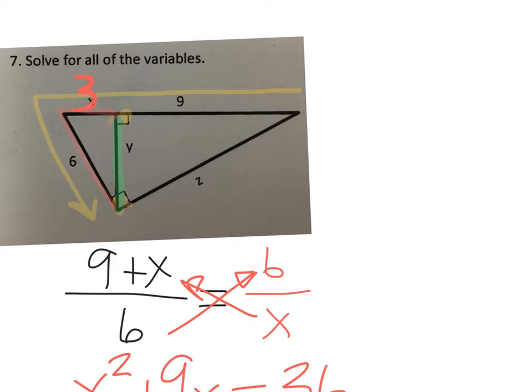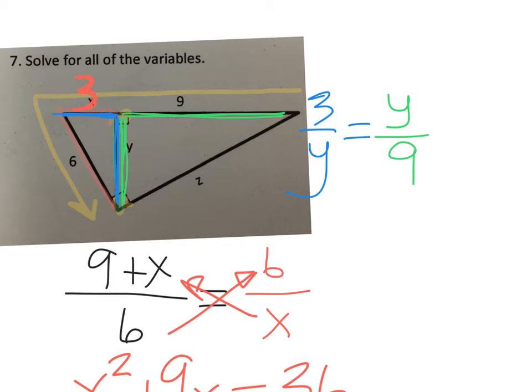Okay, and now I'm going to switch gears and use this proportion. If I compare the short leg of my small triangle to the long leg of my small triangle, that needs to be the same or in proportion to comparing the short leg of my medium-sized triangle to the long leg of my medium-sized triangle.